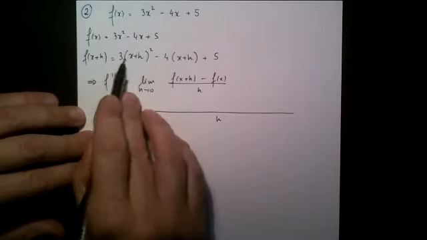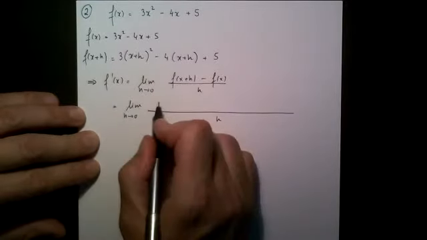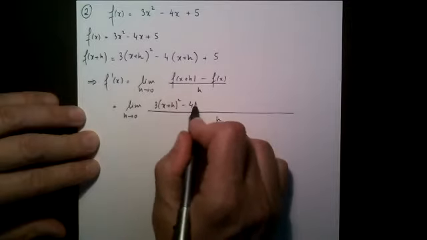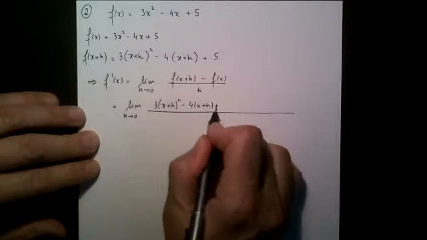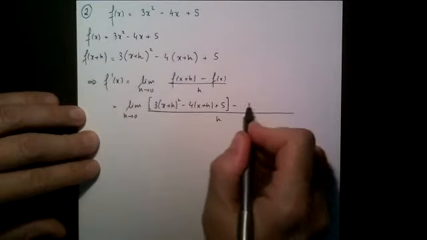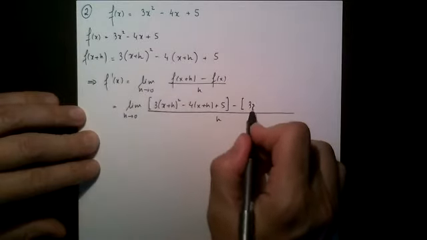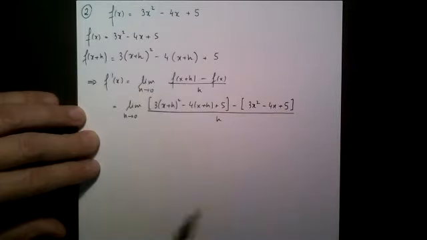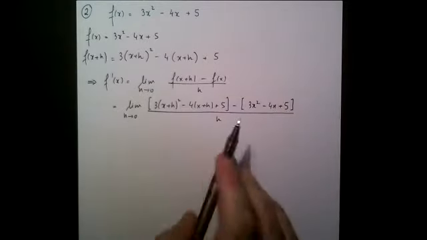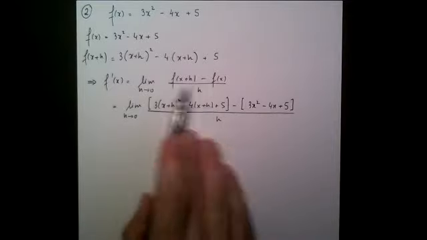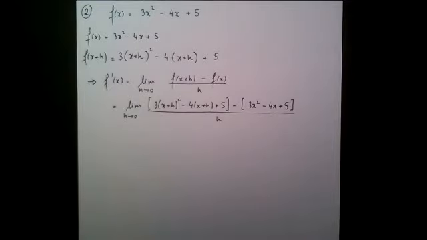So f of x plus h is this whole big expression: 3 times (x plus h) squared minus 4 times (x plus h) plus 5. This is f of x plus h, minus f of x, which is 3x² minus 4x plus 5. Okay, so don't forget the bracket because it's f of x plus h, all of it, minus f of x, all of it.